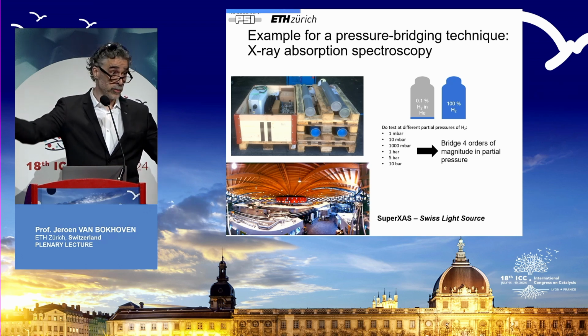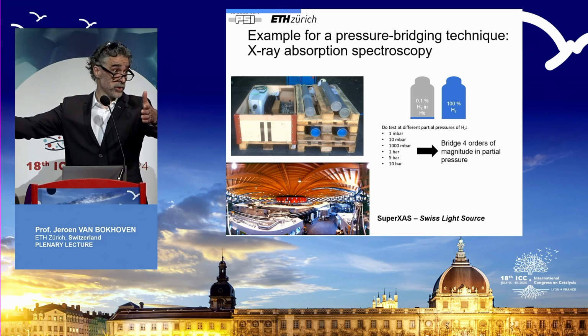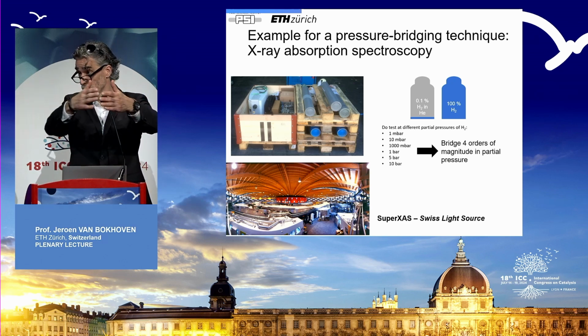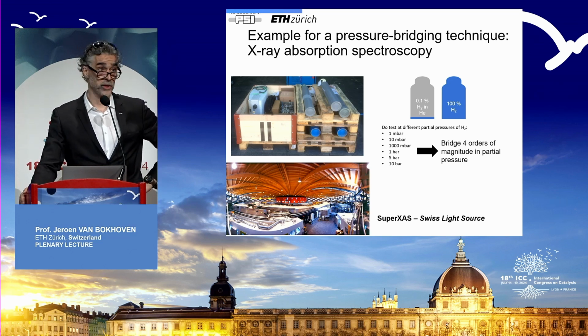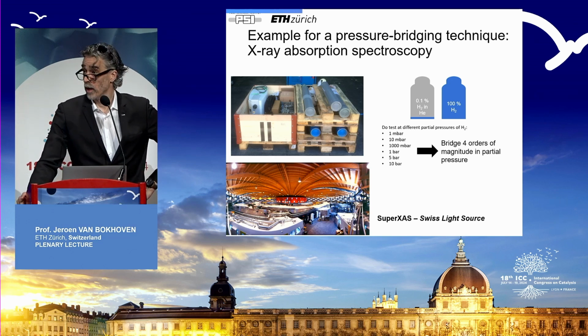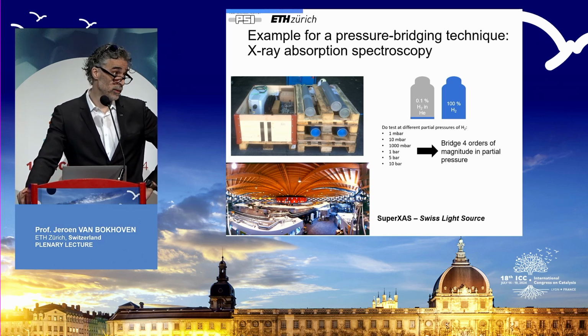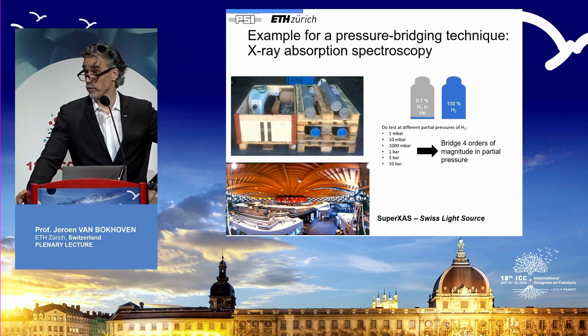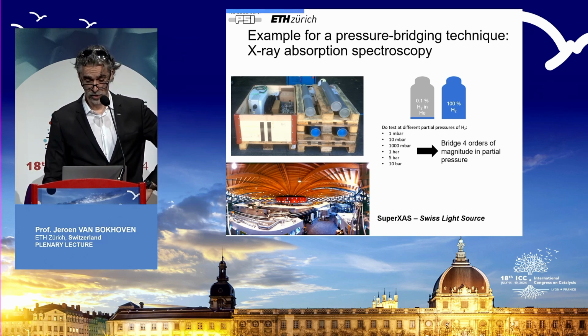Because copper and zinc are neighbors in the periodic table, you can virtually measure the X-ray absorption spectrum at the same time. So you're scanning through both edges at the same time, and you really have the structure measured simultaneously under exactly the same conditions. These measurements are done at the SuperXAS beamline, which is a beamline for time-resolved X-ray absorption, specialized for, amongst others, catalytic research.